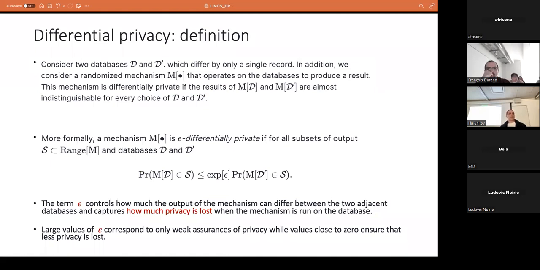For example, you have a data set and you make a query asking how many people in the data set have blue eyes. We will have this example later. Or you can make several queries about males younger than 35 with a job. The output of the mechanism could be anything you want.